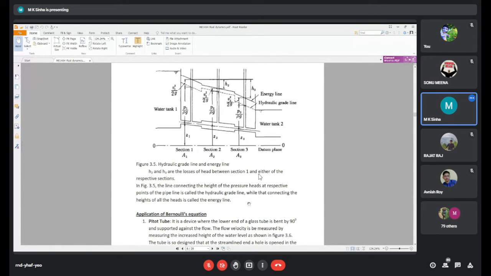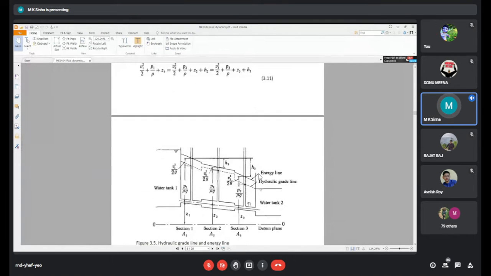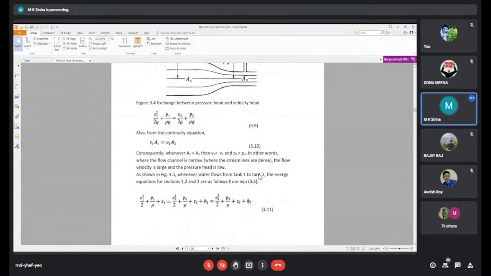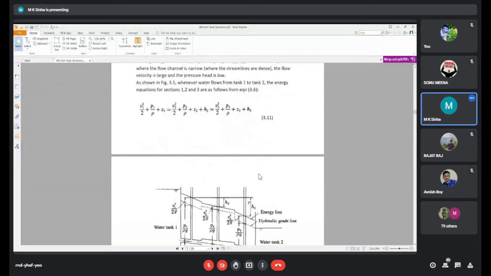So the hydraulic grade line is only the pressure head, and the total head of potential, pressure and velocity head is the energy line. Then these are your Bernoulli principles and head. Am I right? These are the Bernoulli principles, Euler principles, and head.